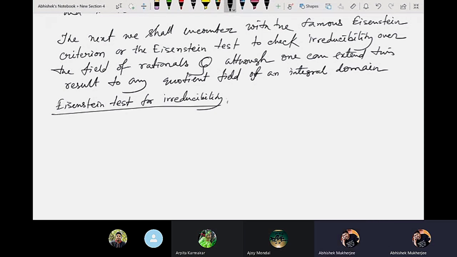So the statement is as follows. So let us consider first a prime number. So you need to choose a prime first, a prime number p. And this is fixed. So firstly we need to choose a prime number p. Okay.